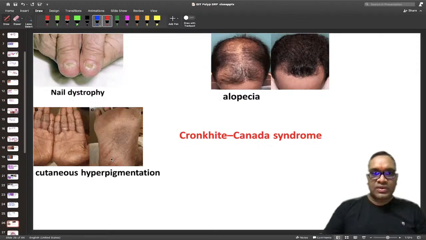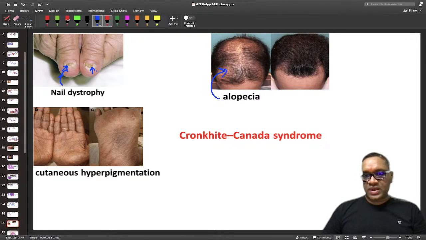And the findings you will see like this. So these are the nail dystrophy. You can see here nail dystrophy, right? Then you can notice there is a loss of hair, alopecia, right? This is after transplantation, it has become like this. So there is a loss of hair, alopecia, and now you can see cutaneous hyperpigmentation.